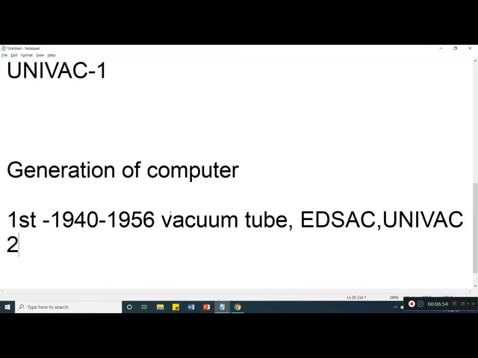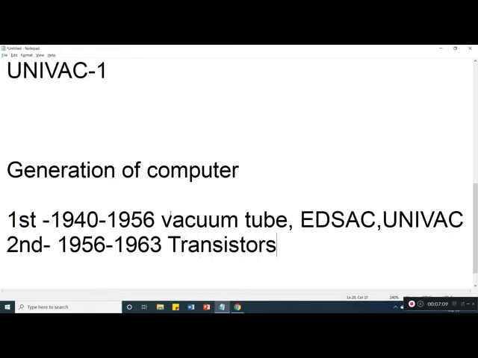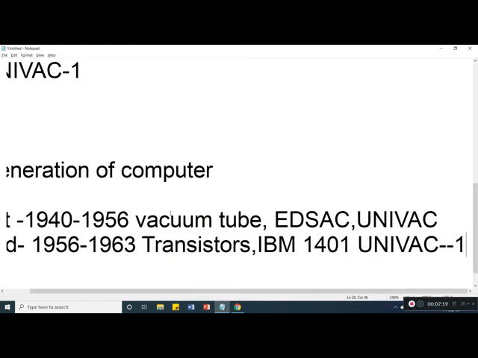The second generation of computers is 1956 to 1963, and it uses the transistor. Examples are IBM 1401 and UNIVAC 1. Here the first generation was UNIVAC only, and the second generation is UNIVAC 1, so there may be some changes.